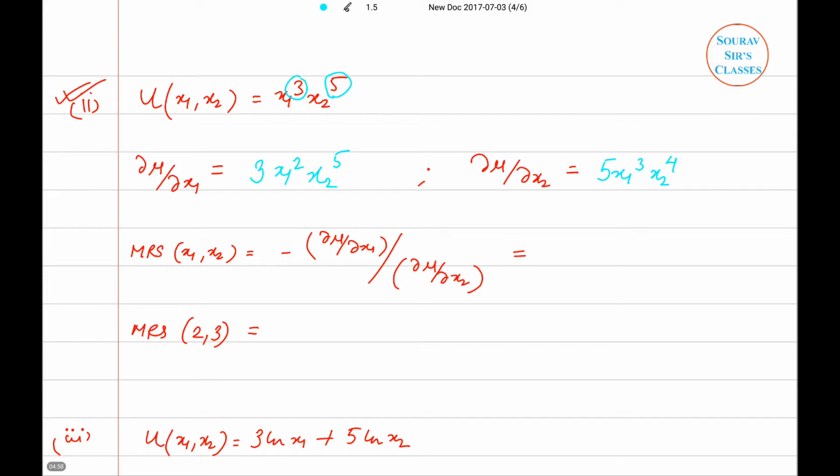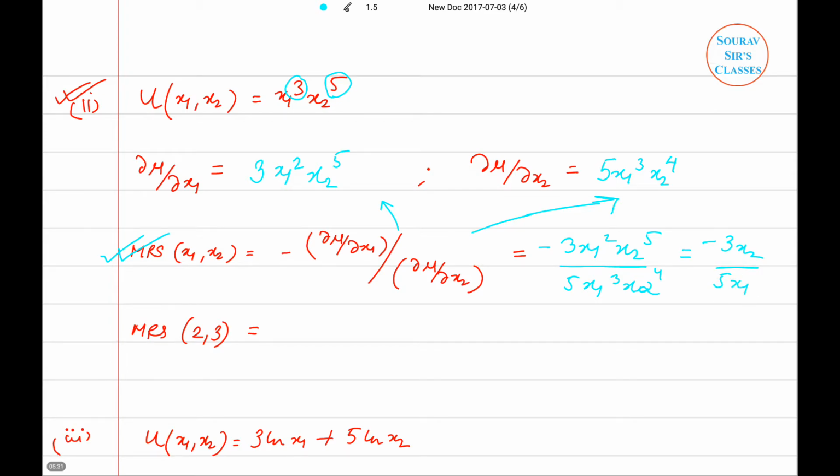So we simply write this by substituting. We can get marginal rate of substitution by simply substituting these two values. So let us do that. And this will come as minus 3x2 by 5x1.